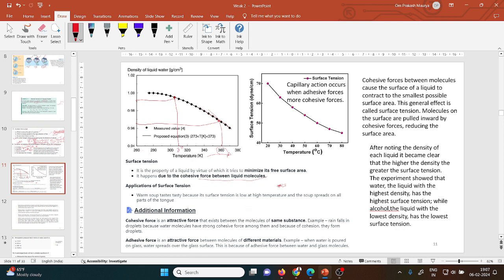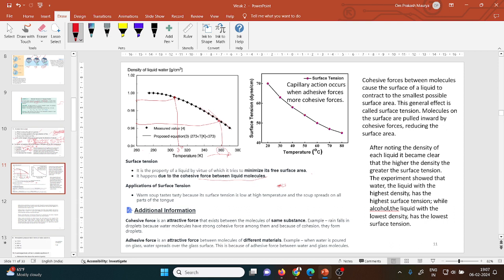If one thing has more cohesive force than another, it has more surface tension, and it will have less free surface area. You can keep it in a small surface area compared to the other. So this is the whole idea.